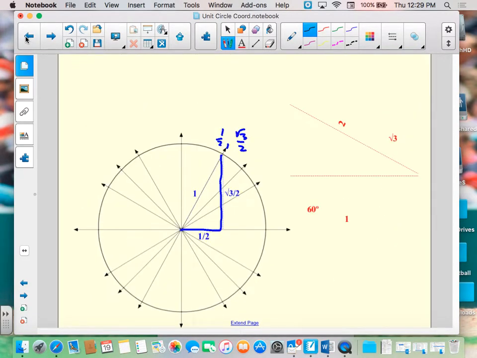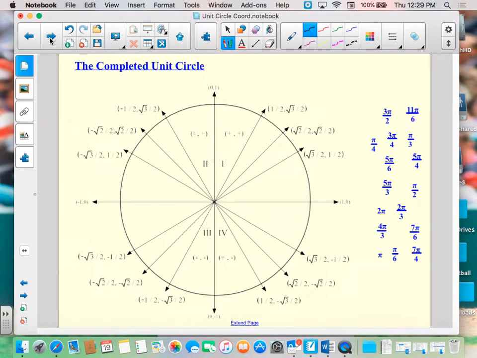Now, what we didn't do is talk about all of the quadrants, but I want you guys to look at something here. This is 30 degrees, and it's root 3 over 2 and a half. Look at what 150 degrees is. It's got the same reference angle of 30 degrees, and it's negative root 3 over 2.